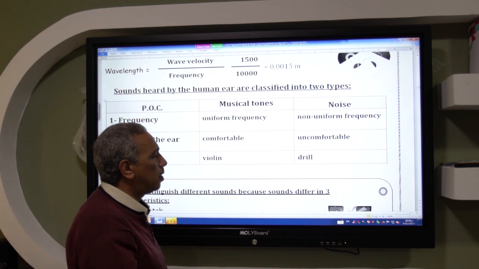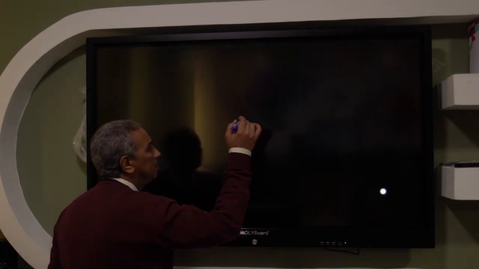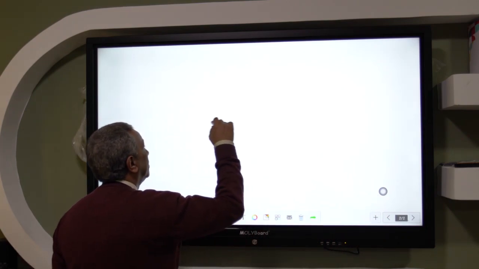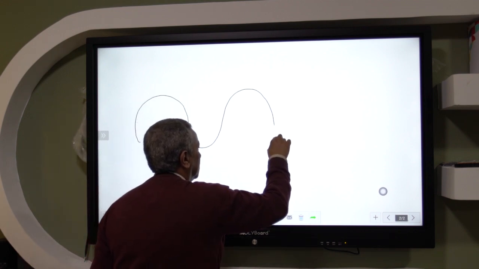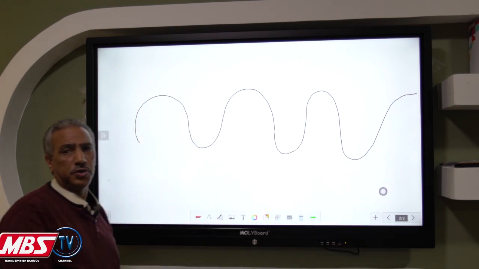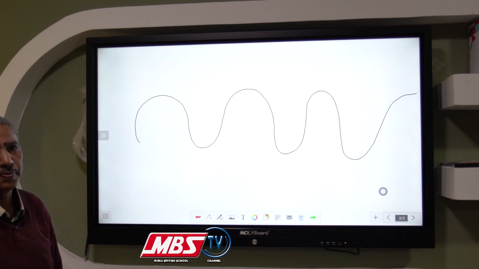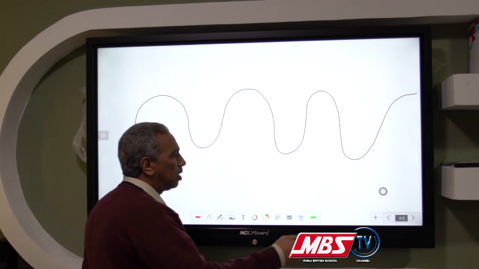That means the shape of the crest is repeated, similar, and the shape of the trough is repeated, similar also.